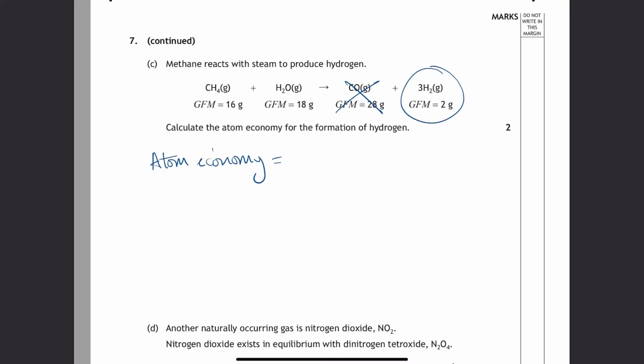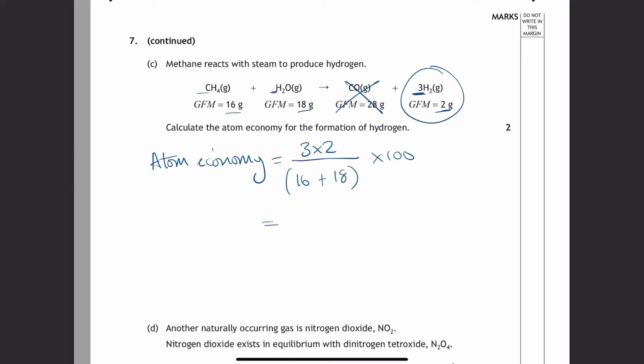So the mass of desired products is 3 times 2 because there's 3 moles of hydrogen, which is 2 grams each. And then the total mass of reactants, so we've got 1 mole of methane, which is 16, plus 1 mole of water, which is 18, and times by 100.